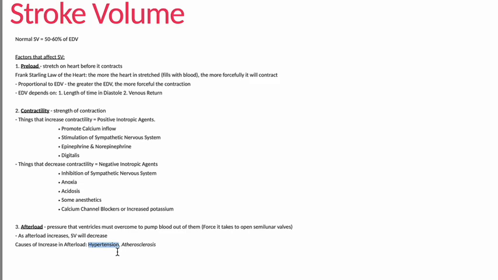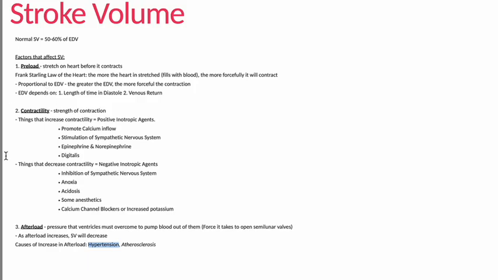We're narrowing a tube and now it's harder to force water or blood through that tube. That is increasing our afterload and is increasing how hard the heart has to work to pump the same amount of volume out. So afterload, preload, and contractility are our three factors that affect our stroke volume.